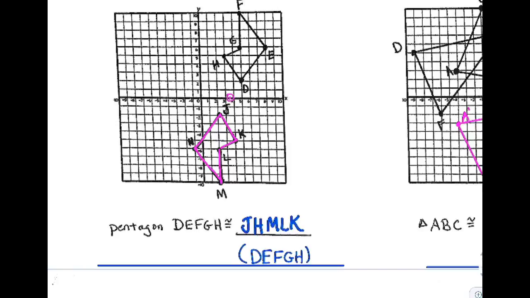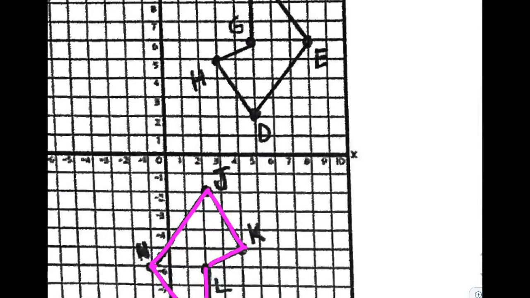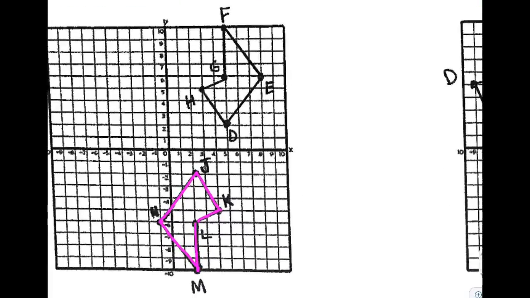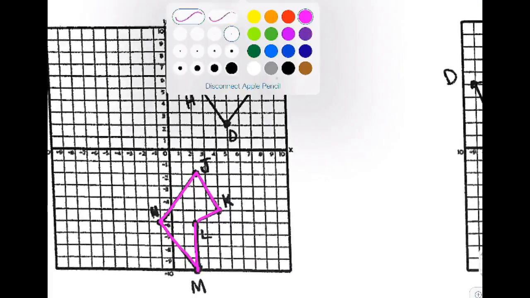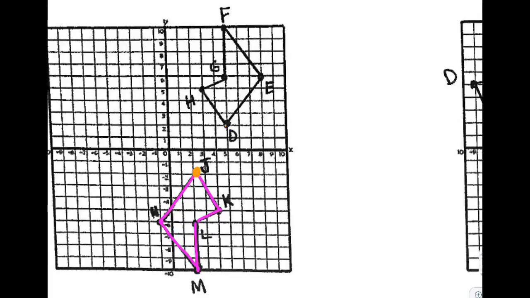Okay, this concave pentagon looks like it's been rotated somehow, but certainly not by the origin, because everything seems to be shifted to the right a little bit. So how did I find what that center of rotation appeared to be? If this were off the grid, you could take two corresponding points, for instance J and D, and give me your perpendicular bisector.